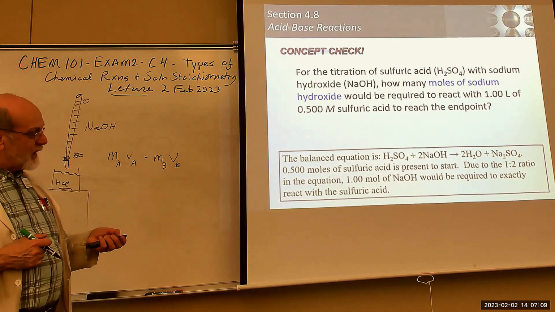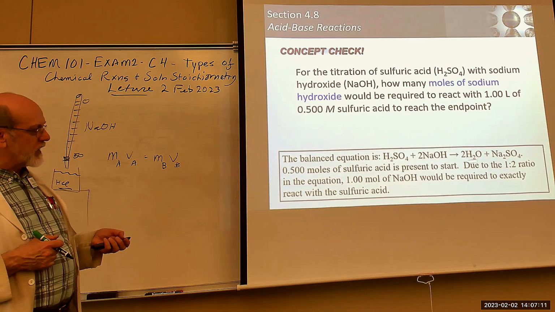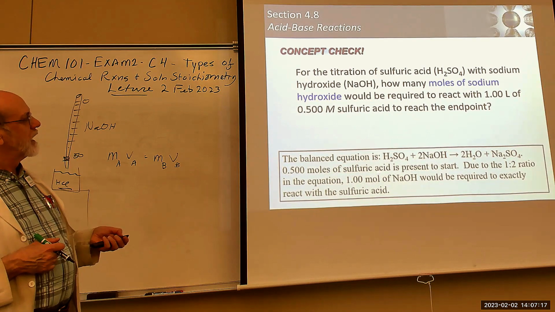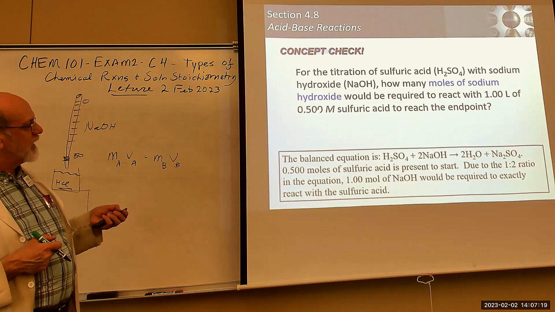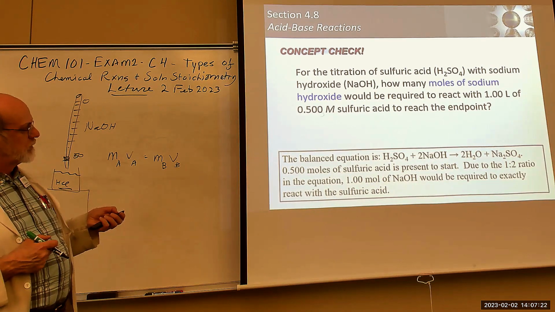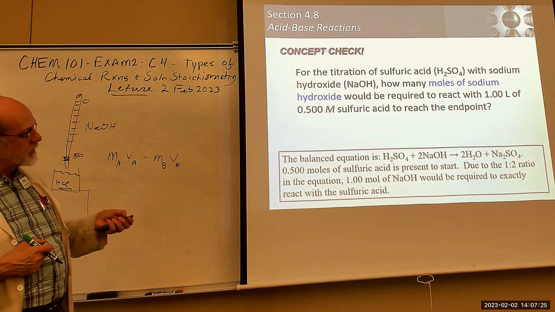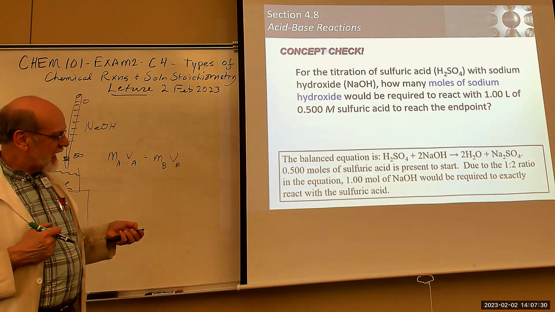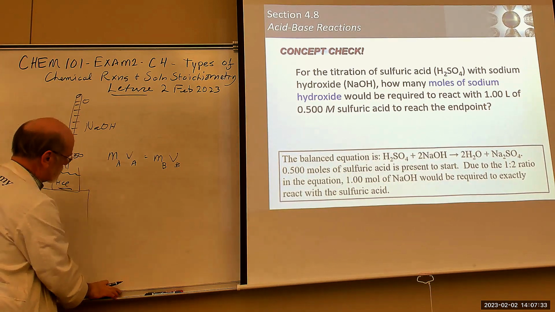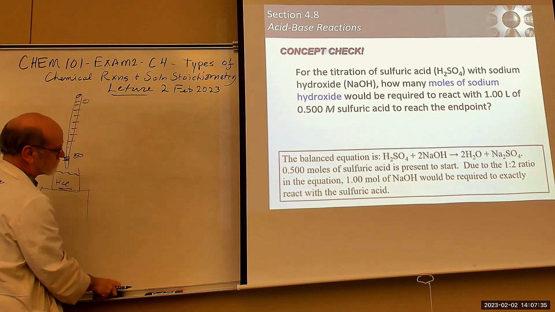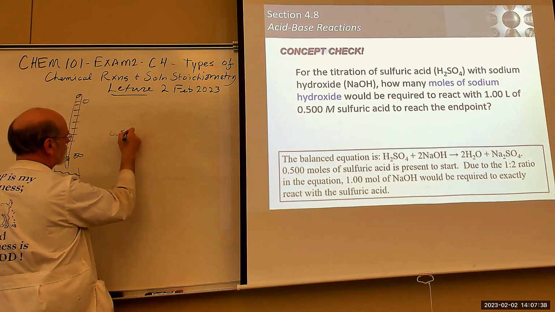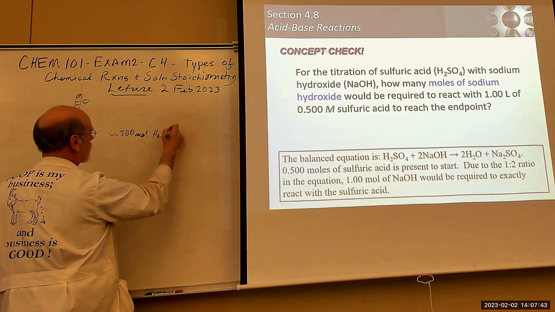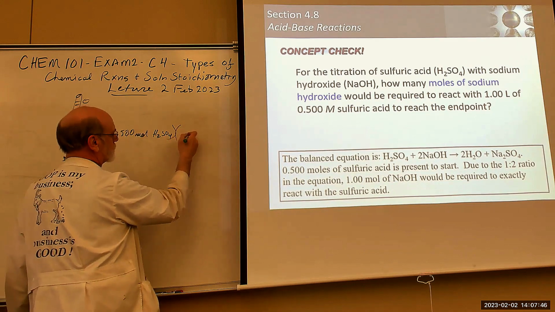So once our equation is balanced, then we can do some stoichiometry. At 0.5 molar, 1 liter of this is 1 times 0.5, which is 0.5 moles of sulfuric acid. Okay. And then we do dimensional analysis, right? 0.5 moles of sulfuric acid, and then we want to convert it into sodium hydroxide.